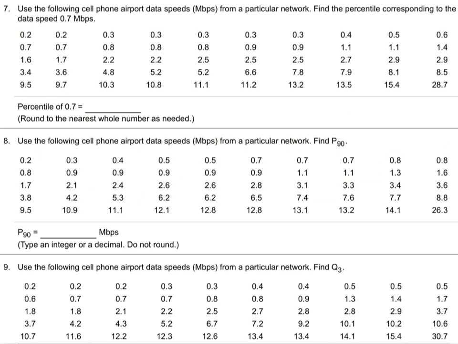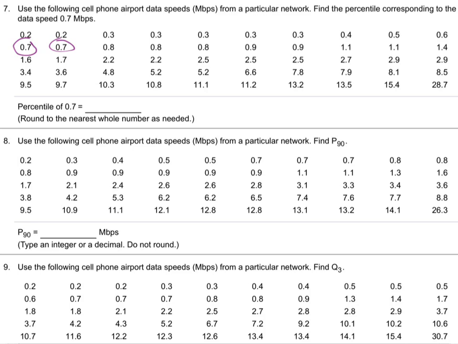All right. Let's try number 7. Same kind of thing. What if the number is two of those same numbers? That's exactly what we got here. So this one's 0.7, which is right here and right here. We're supposed to figure out what percentage of all these numbers are below, so we don't include either one of them. We just include the ones below.